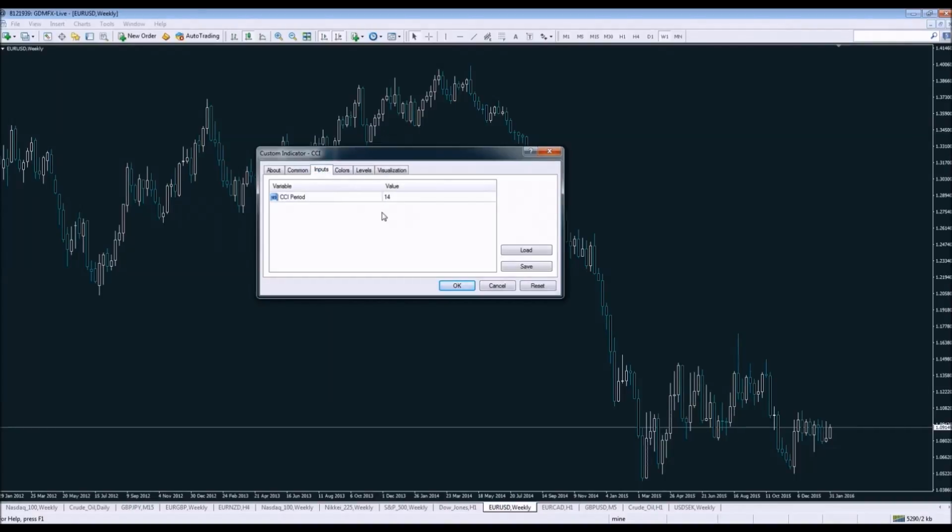However, on inputs, we have the value or the period of this commodity channel index. Now, a lot of traders are usually using the default settings of 14 or 20 or 30. It depends on the MetaTrader 4 where you actually downloaded it from. But if you get it from our website, this is the actual value that you're going to get.